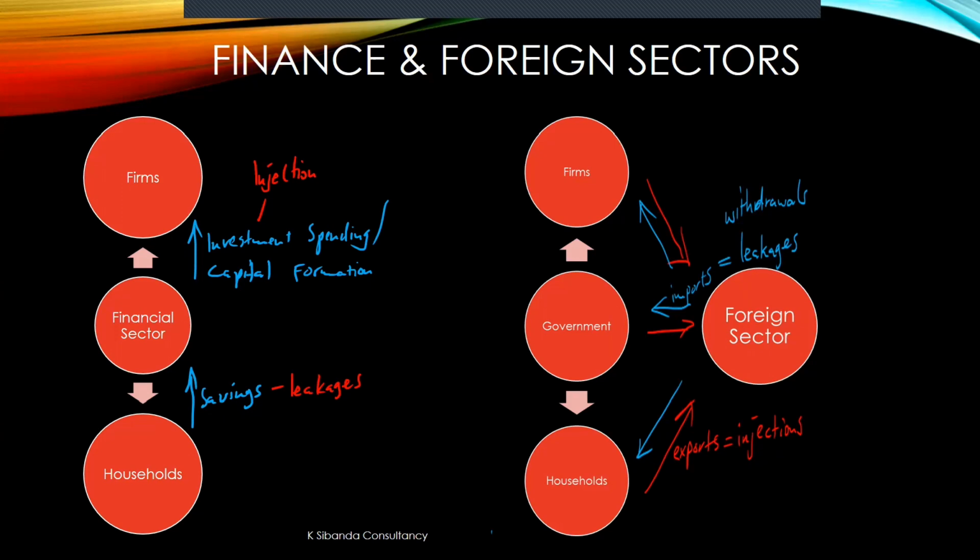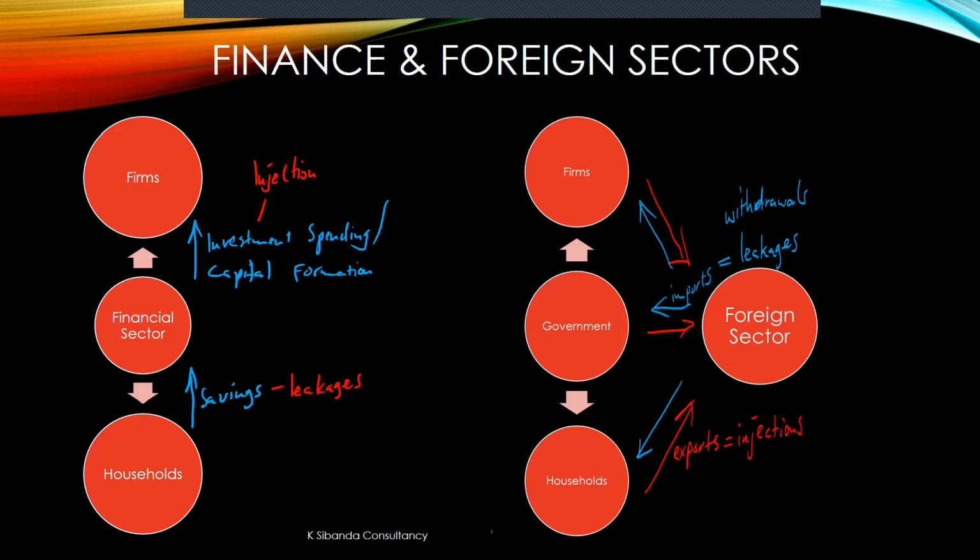So in summary, we've got exports, investment, and government expenditure as injections, because the government can use money that it took from taxes, from firms, households, the foreign sector, and so forth. Then it uses that money to spend either in the foreign sector or in the domestic goods market. So that becomes an injection because it's money that is coming back into the circular flow of income.